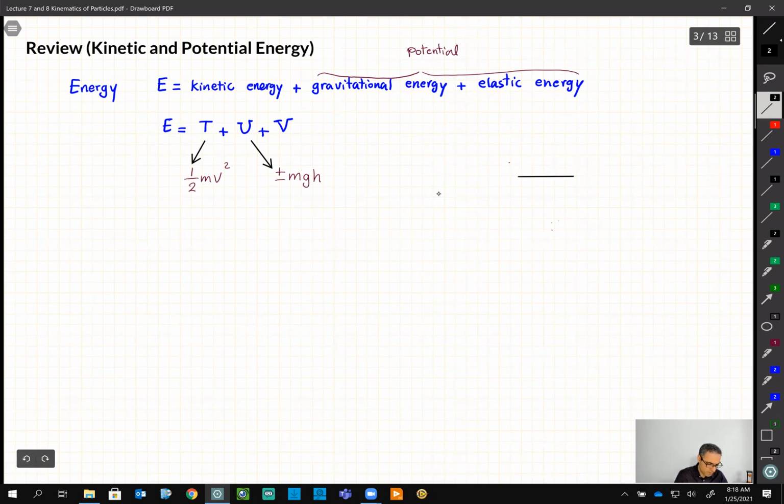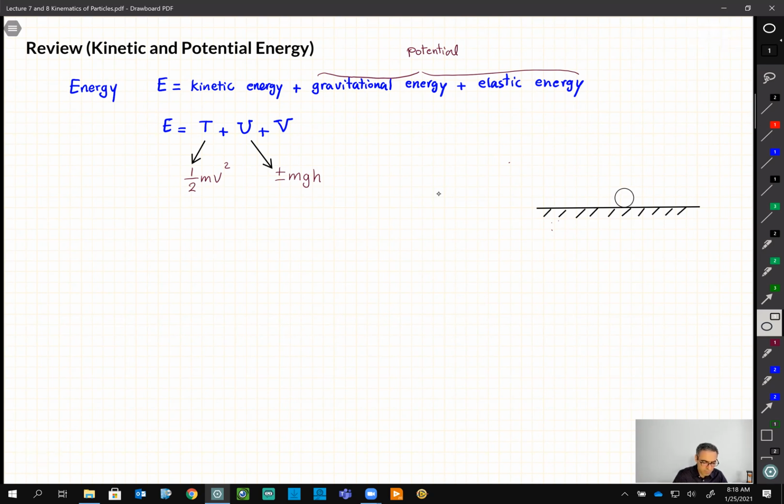Again, I'm sure it is not something new for you, but just have everything here in your notes, clear and compact. So let's say I have a mass here, and let's say this mass moves up somewhere.